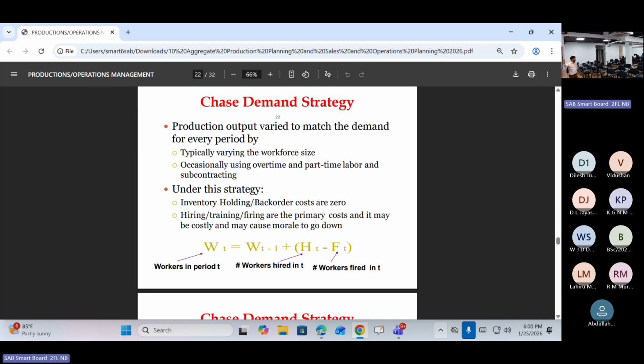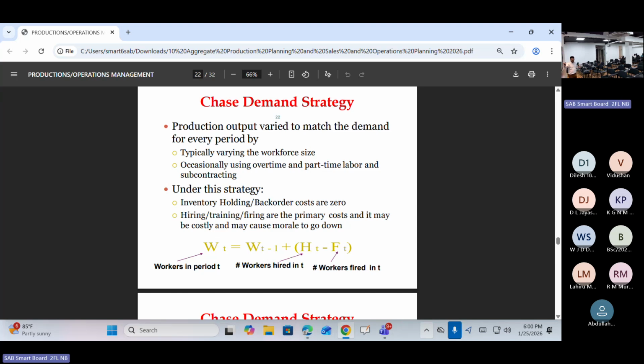What is the main cost category applicable for this strategy? That is hiring, training, and firing costs. They are the primary costs, relevant costs for this strategy. Because to adjust the production rate, what they have to do is change the workforce. So we have to identify how many workers required for that period.